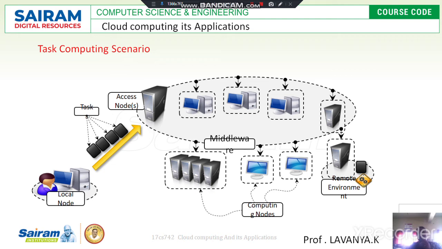The computation nodes consist of different data centers, grids, clusters, and different servers, and they interlink with the middleware.